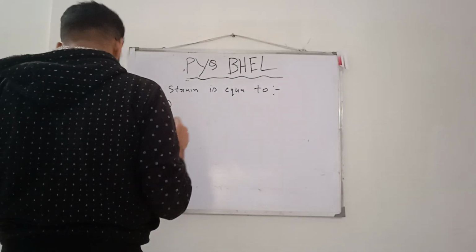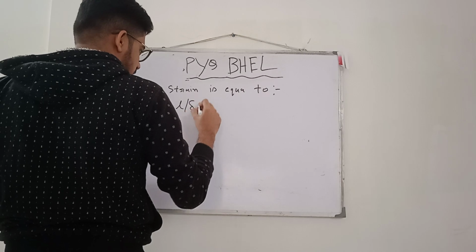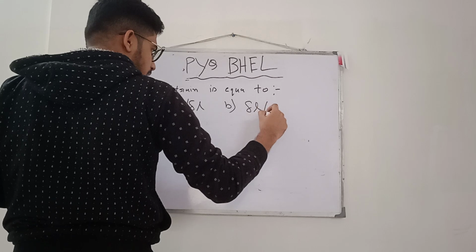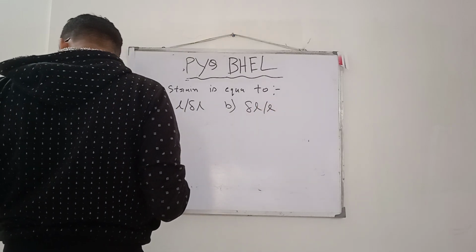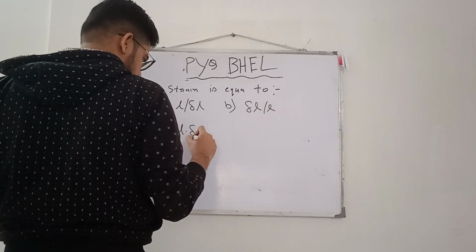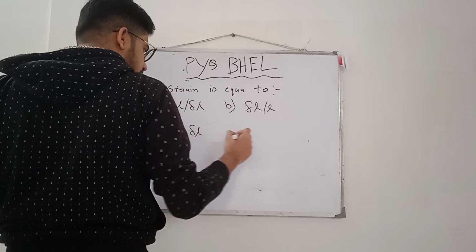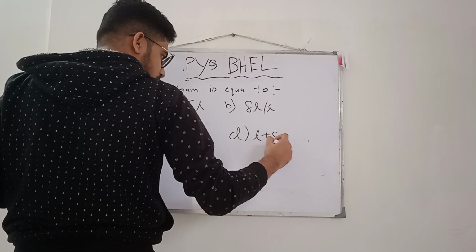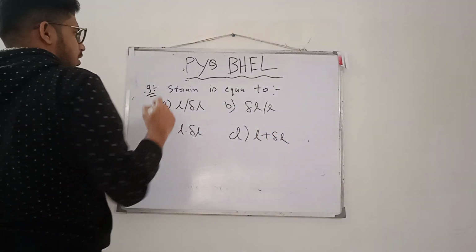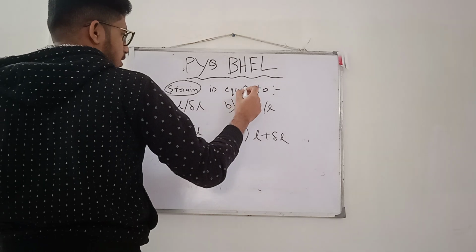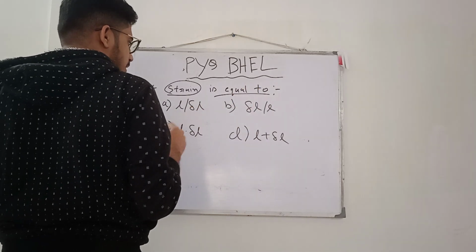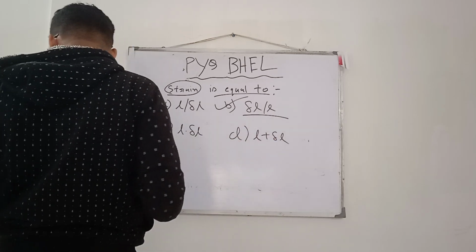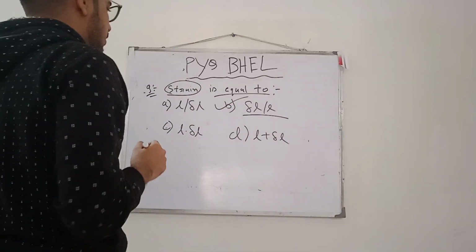The first option is L by delta L, B is delta L by L, C is L into delta L, and D is L plus delta L. Strain is equal to delta L by L. This is the formula of strain.